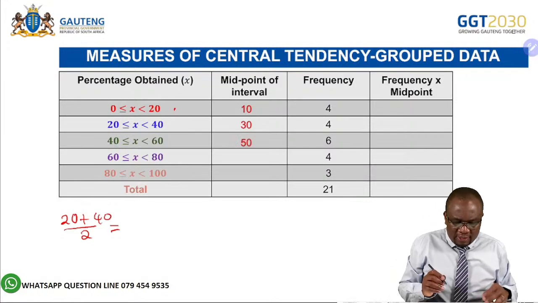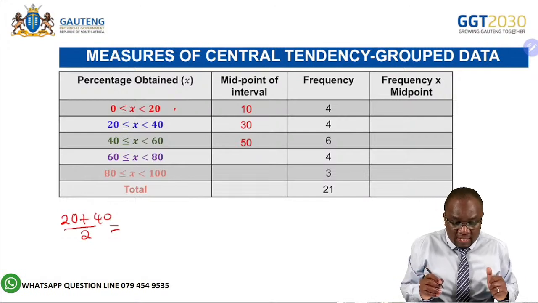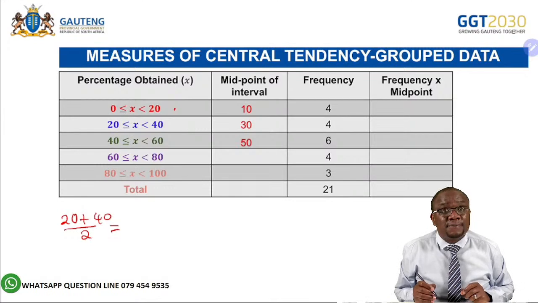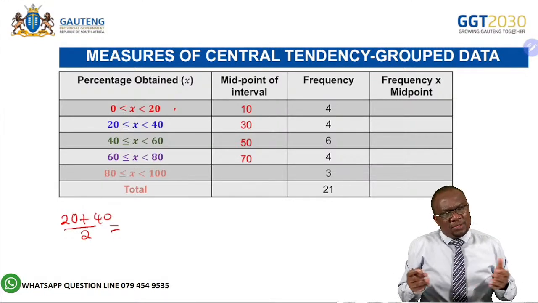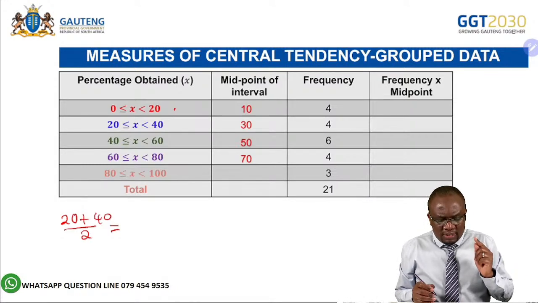Then 60 to 80, we don't know the actual marks, but we assume that each learner got 70%. 80 to 100, we don't know the actual marks, but you assume that each learner got 90%.